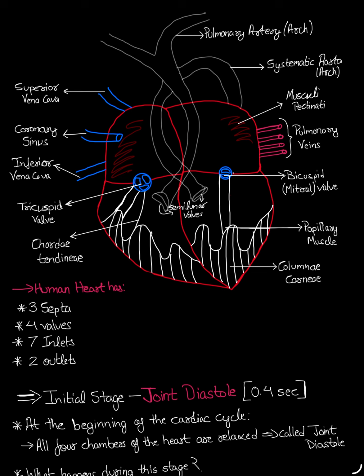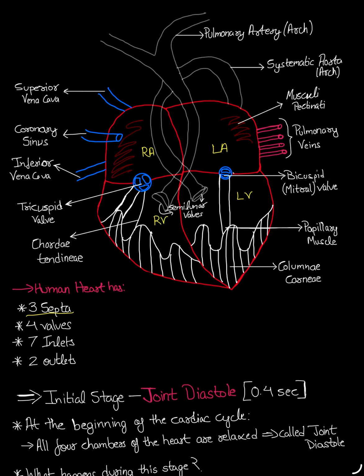As you can see here, this is a very simple picture representation of the heart. The human heart has three septa. What is a septum? A division between chambers. This is the left atrium, left ventricle, right atrium, right ventricle.